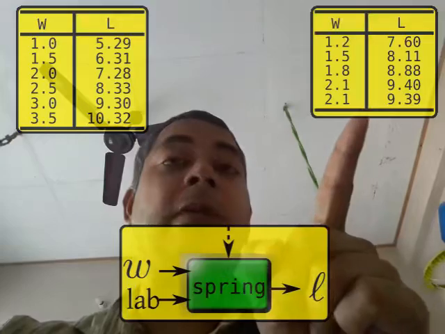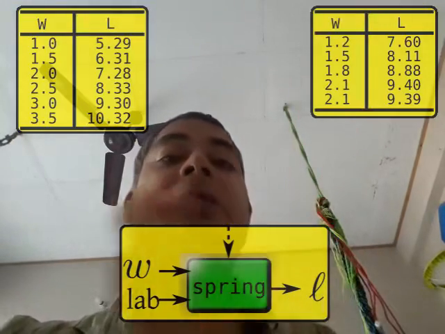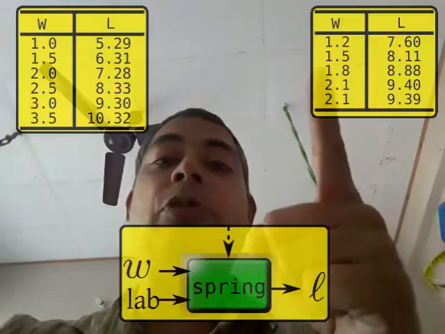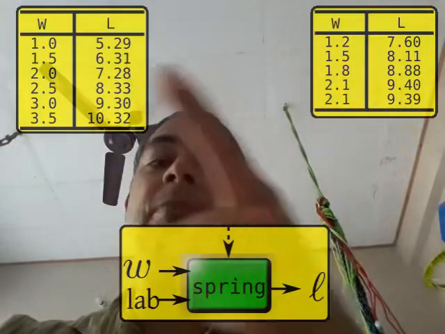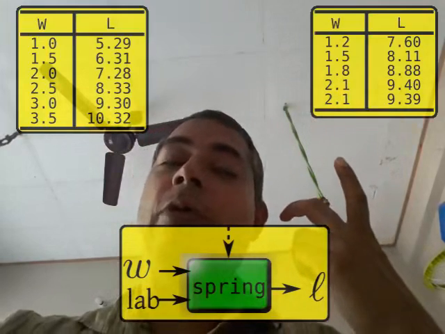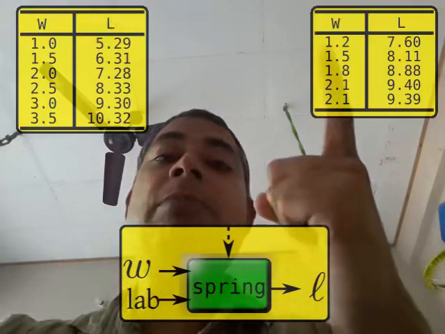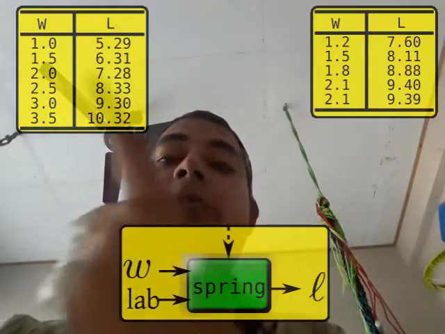Similarly, all these things come from lab 2. Observe that the two labs may or may not use the same set of weights. For example, here I can see 1.5 has been used in both the cases. Of course, the lengths are different because they are working with springs that started with different initial lengths. Most of the weights are different from this lab to that lab.